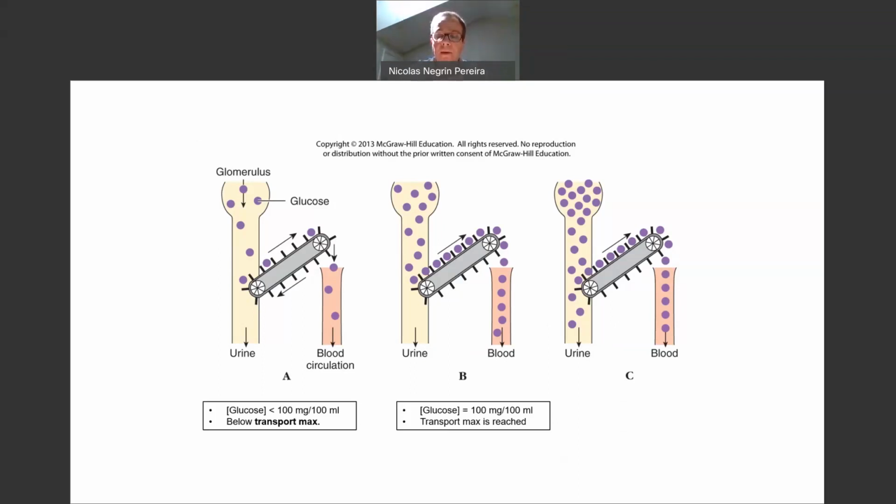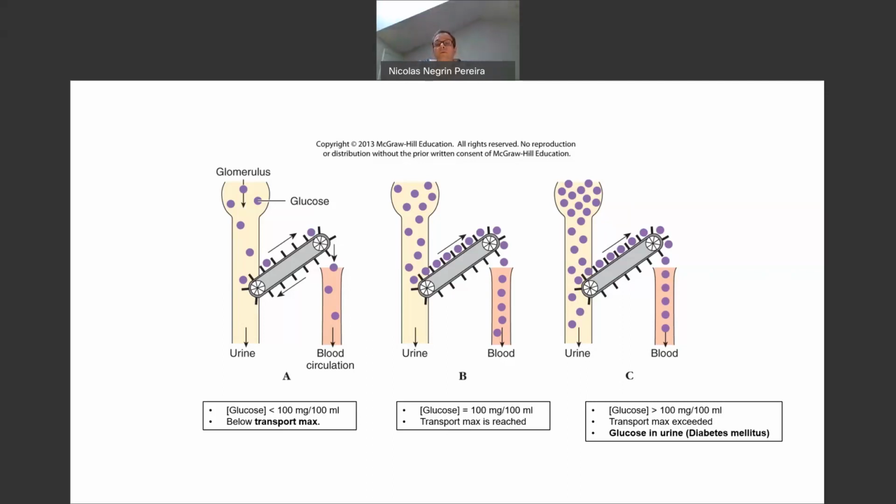But when the concentration of glucose in blood exceeds 100 milligrams per 100 milliliters, which could be the situation of diabetes mellitus, for example, then the transport max of the kidney for glucose is going to be overwhelmed. I mean, it will be surpassed by the excessive presence of glucose.